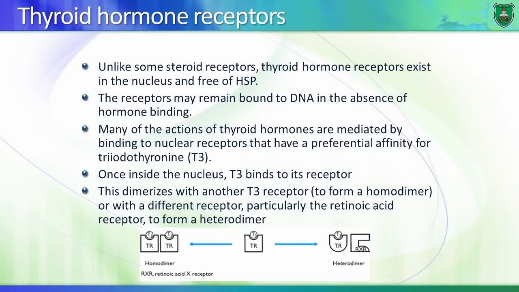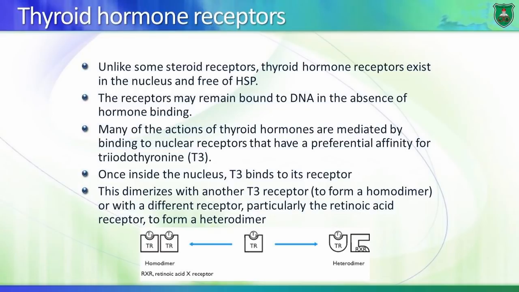Now, the thyroid hormone receptors belong to the type 2 receptors. That is, the receptor itself is nuclear. It is not bound to heat shock protein. It's bound to DNA, but it's associated with co-repressors. When the hormone goes into the cell and into the nucleus, it binds to the receptor, and co-repressors are replaced by co-activators.